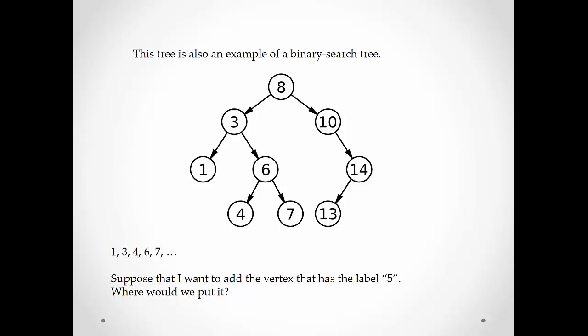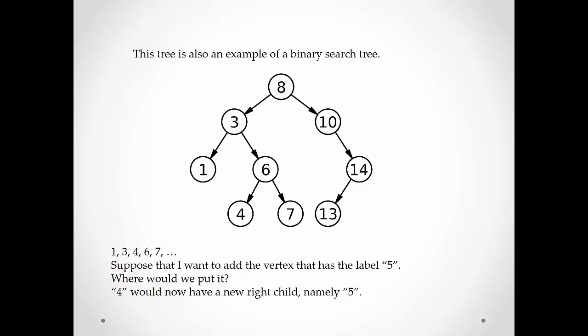Since 5 is less than 8, we go to the left, but 5 is greater than 3, so we go to the right. 5 is less than 6, so we go to the left, but 5 is greater than 4, so we go to the right. So now, to add 5, 4 would have a right child, and it would be labeled 5.